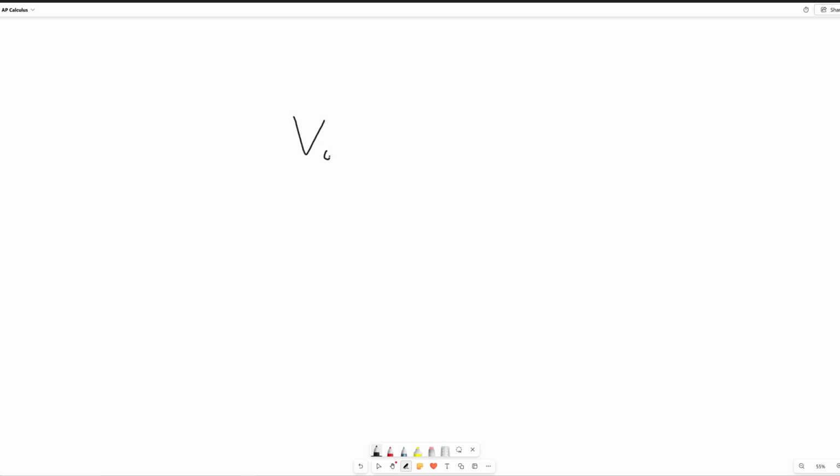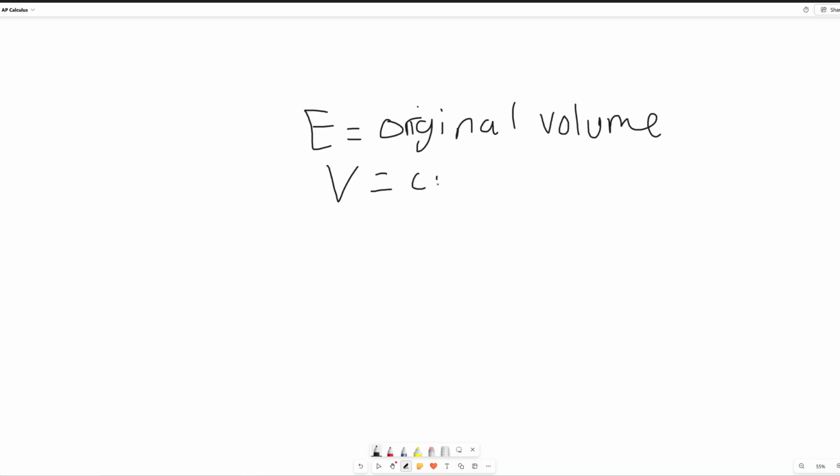So, for instance, it can say that E is the original volume in a tank of water, and then V is the current volume.